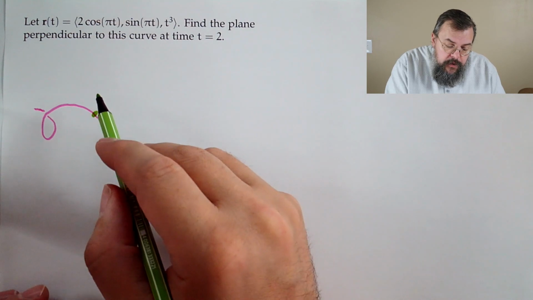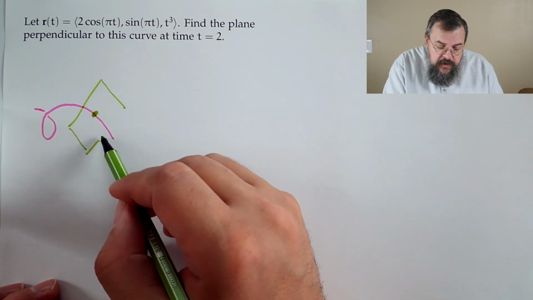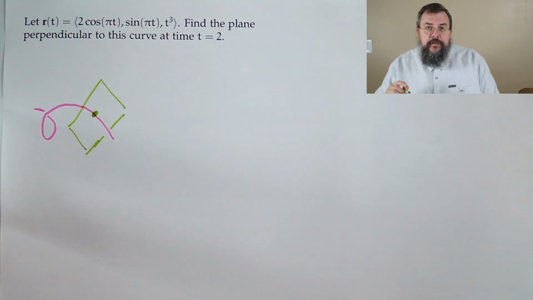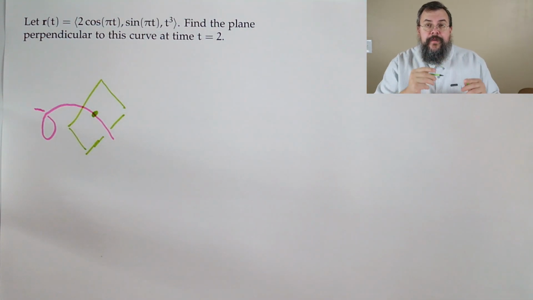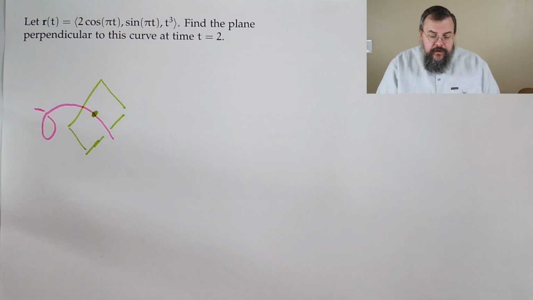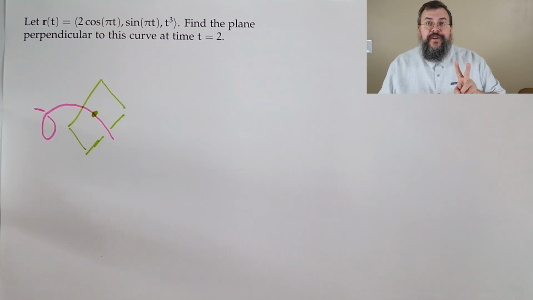So it's moving, and there's this point here. And now, what we want is to say, well, look, there's some plane here where the curve pierces it perpendicularly. All right, so what do we need if we need a plane? Whenever we need a plane, we need two pieces of information, right?